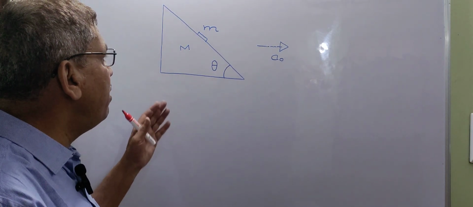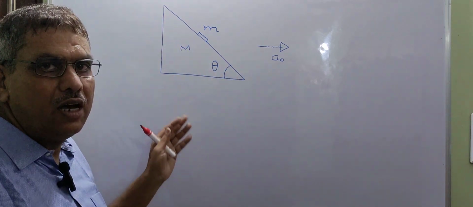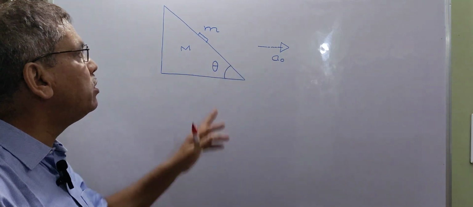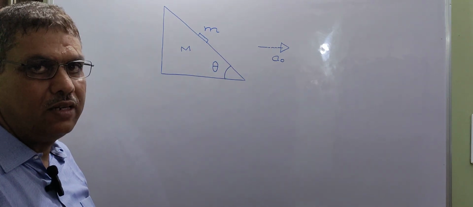Now, in this problem, what should be the acceleration of this wedge of mass M in the rightward direction, A0, so that this smaller block remains at rest on the inclined plane? Is it clear?